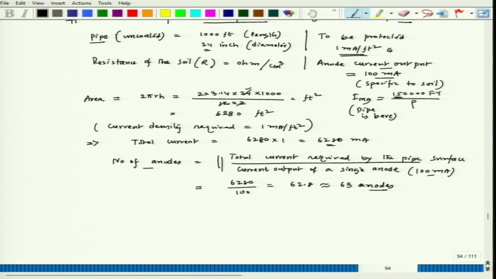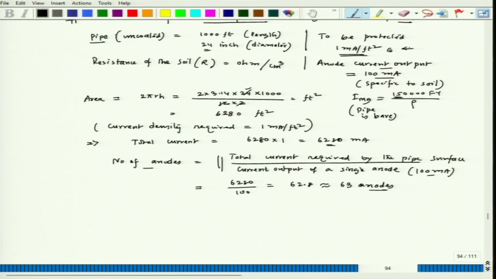But here we are actually not using that specific correction factor. We are simply using this much. If one single anode gives 100 milliampere current, then the 63 anodes would give 63 into 100 milliampere, which is the total current required to meet this current density. So, this is the way to calculate the number of anodes.